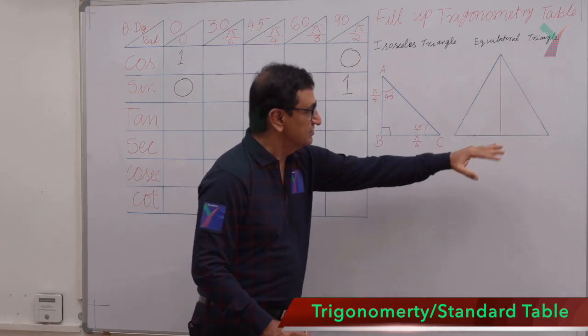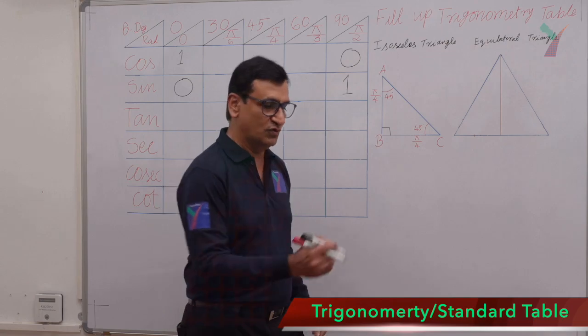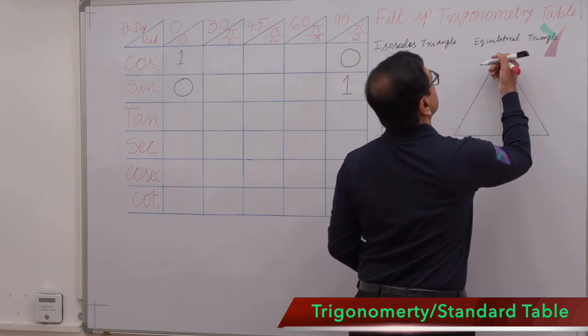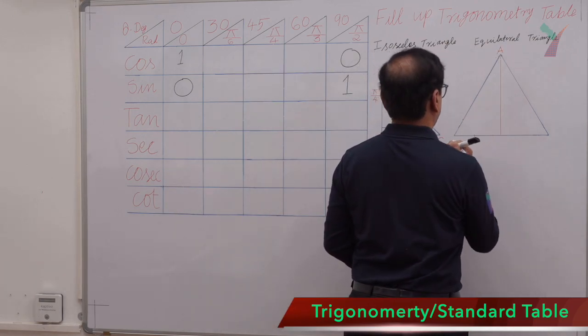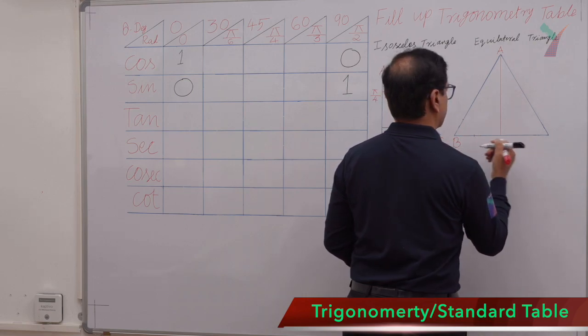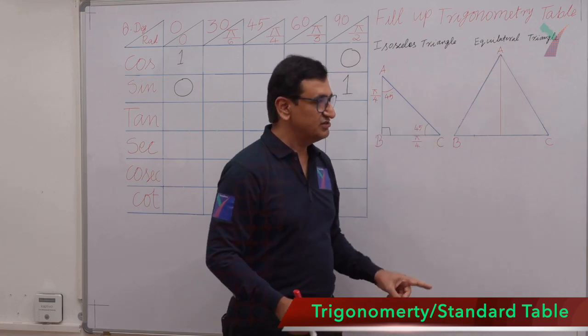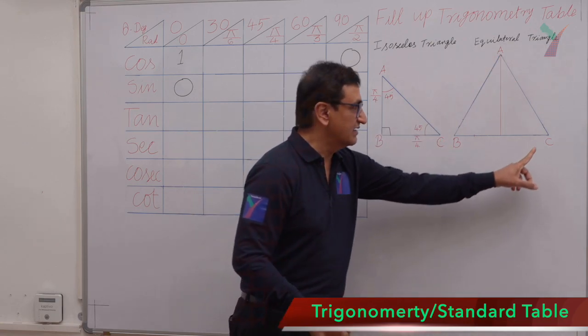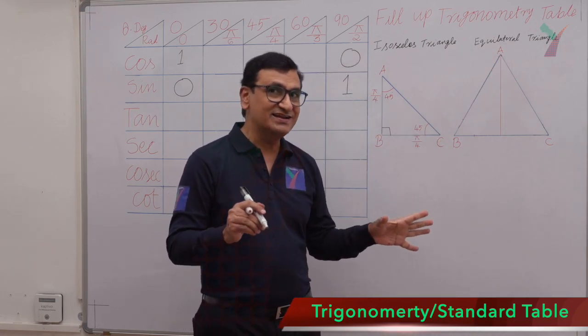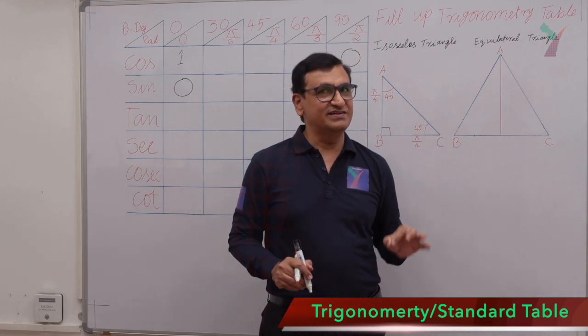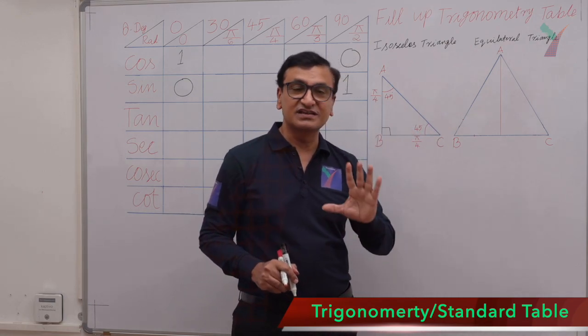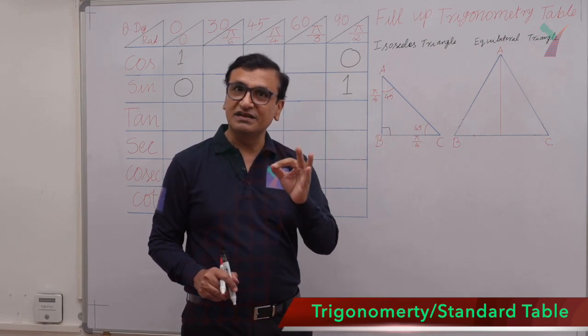If I name this triangle as ABC like before, the angle A and angle B and angle C all are equal and they would be 180 divided by 3, 60 degrees. In other words, pi by 3 radians.